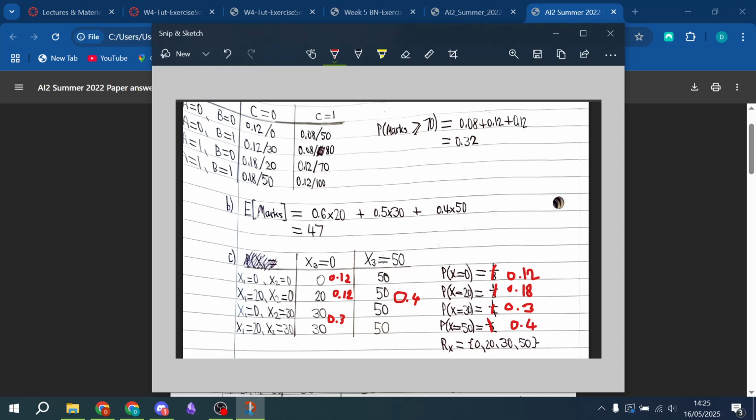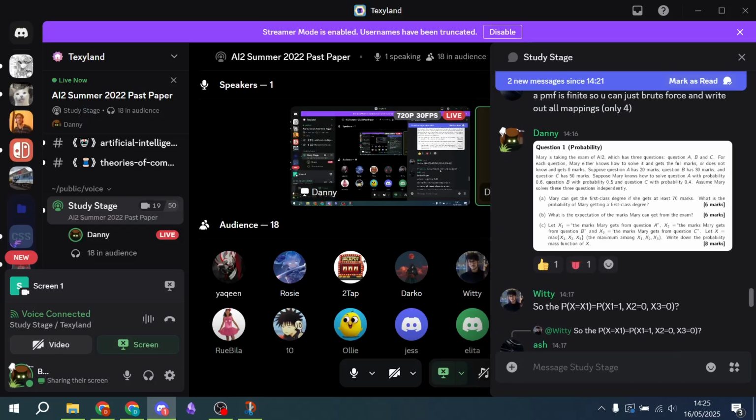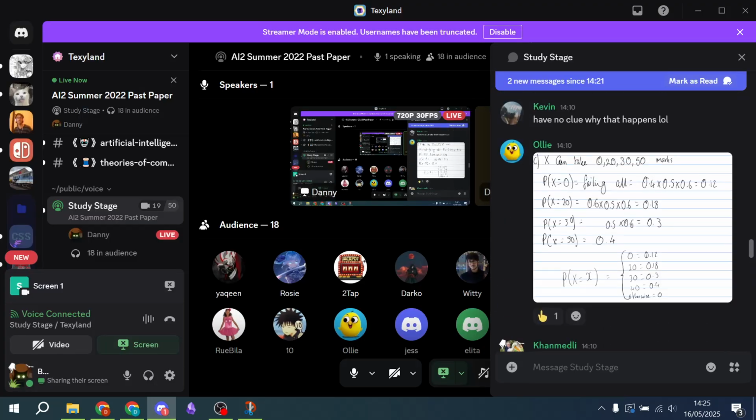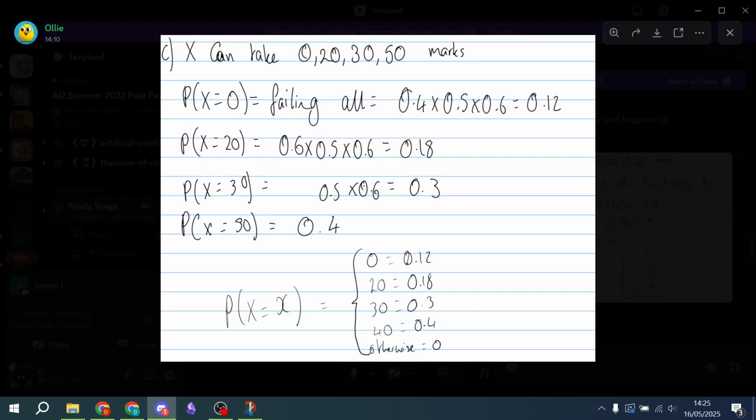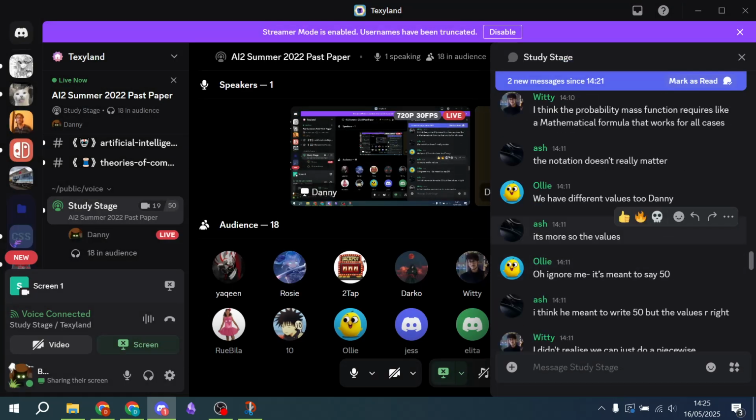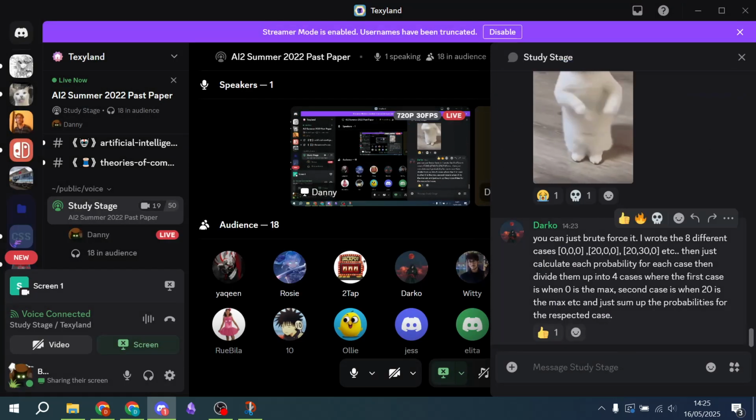And yeah, I don't think it matters how you write it. You can either write it like I have with the range here, or you can write it how Ollie did with the piecewise. Yeah, otherwise equals 0, because those are the only values. Is that clear? I'm sorry, that was a bit long.